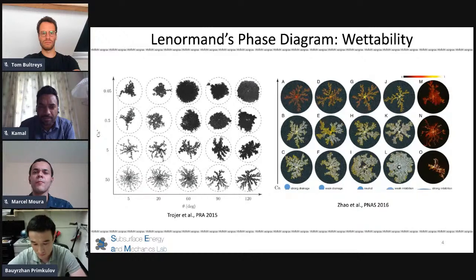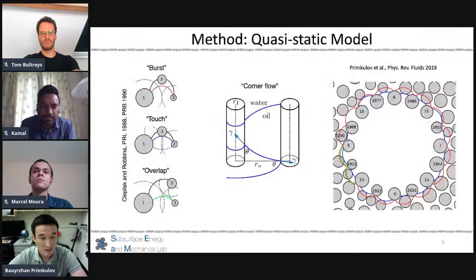Basically here, the pore geometry was a Hele-Shaw cell where you would print a cylindrical post pattern, confine it between the two plates, saturate it with oil, and start injecting water at different rates. The x-axis is the wettability, so you go from injecting a non-wetting fluid to injecting a strongly wetting fluid. And the y-axis is the capillary number. You could think of it as injection rates. That was a great starting point for me.